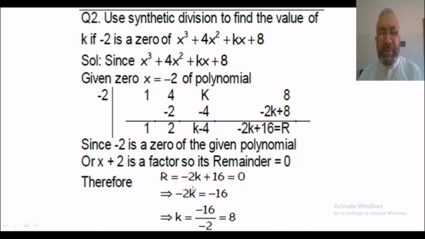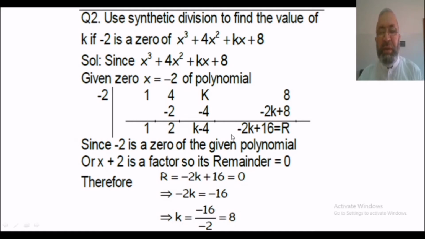That is, −2k + 16 = 0. So −2k is equal to −16, transferring 16 to the right-hand side. Divide both sides by −2, the minus signs cancel, and k is equal to 8. Thus we get the value of k as 8.